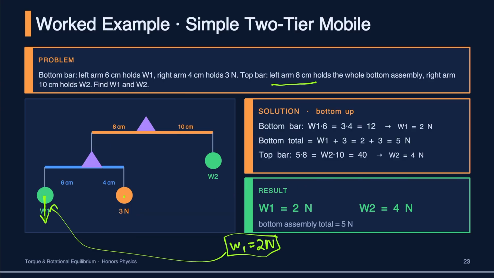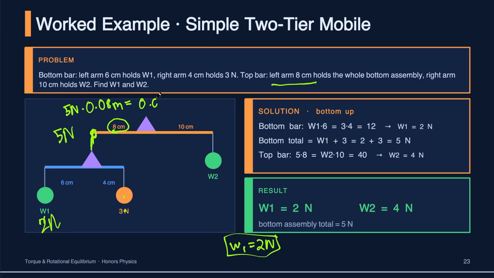Now, what's the combined weight of these things? So there's 2 newtons here, right? There's 3 newtons here. So this entire thing weighs 5 newtons. There's 5 newtons here. And 5 newtons of what distance? 8 centimeters. 5 newtons times 0.08 meters is equal to, actually 10 centimeters is just 0.1 meter, right?